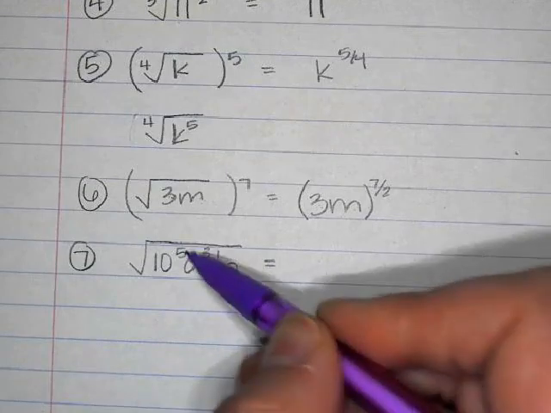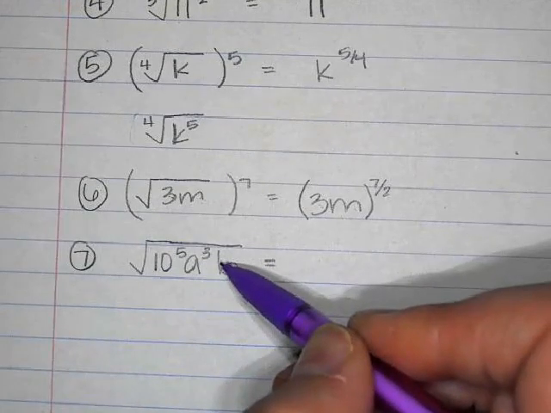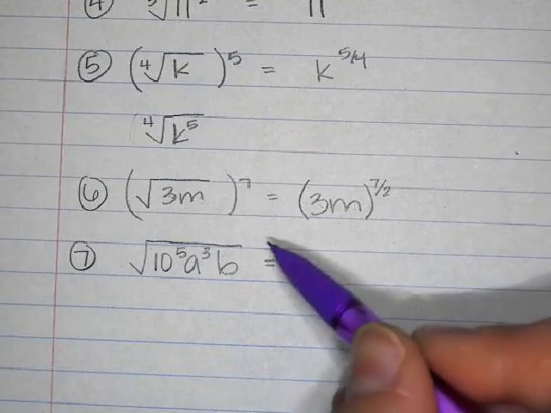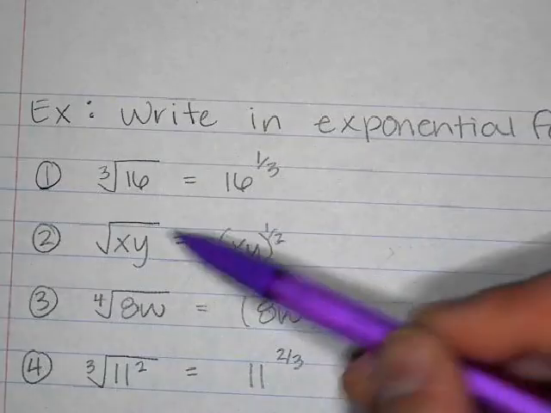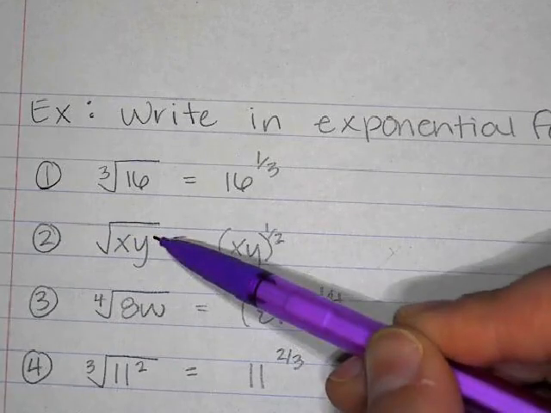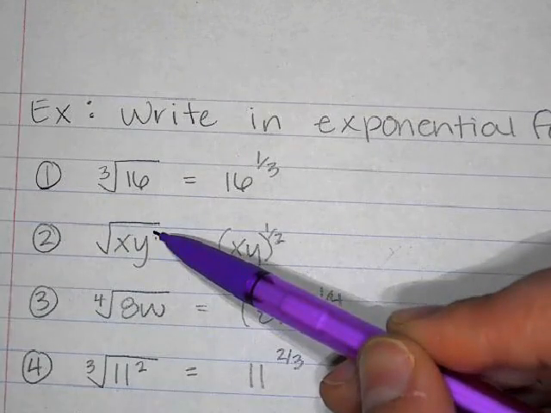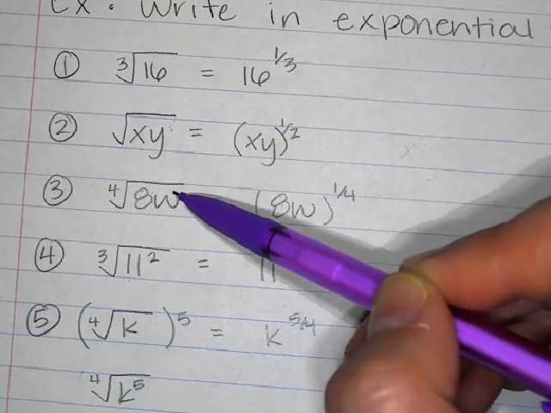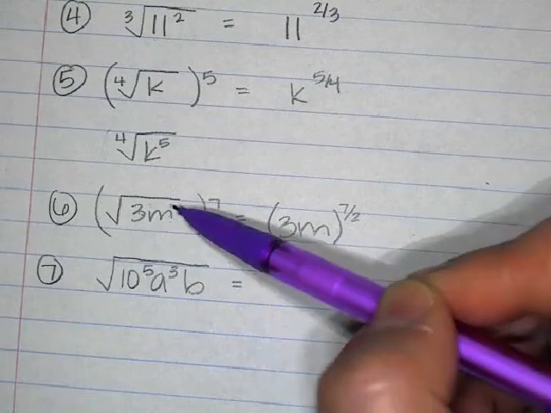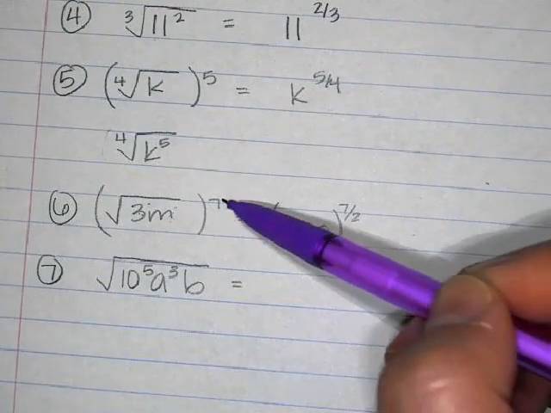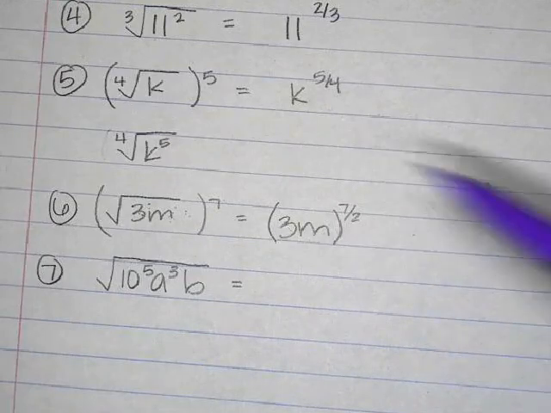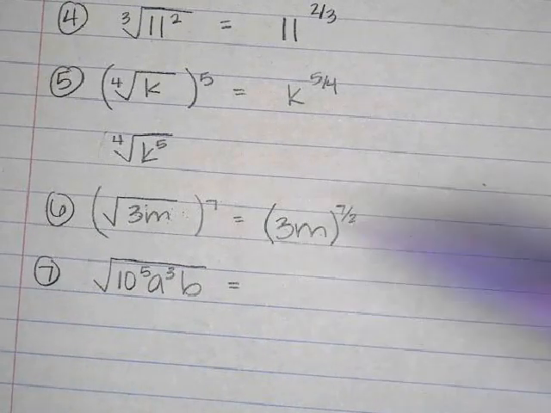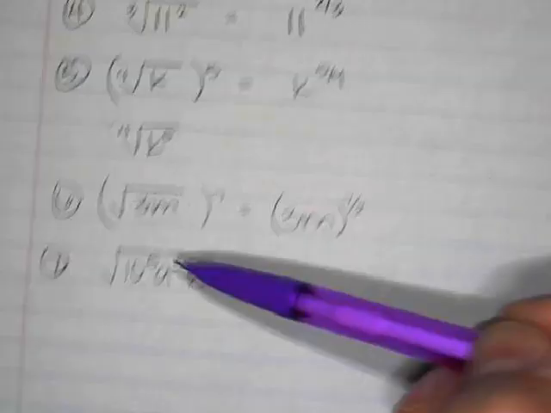The xy technically had a 1 and a 1. That's the same exponent. See the difference? The 8w had a 1 and a 1. The 3 and the m had a 7 that was going to apply to both of them. We could put parentheses around it because the same exponent was going to go on top. Now this one has a 5, a 3, and the b technically has a 1.